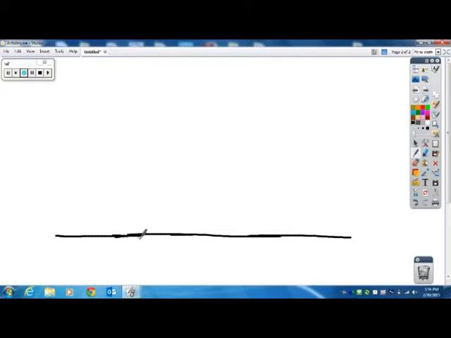So once again, we're going to keep things simple, and we're going to say you have a flat surface, and we're going to keep friction out of the picture right now. We're just going to keep it a frictionless surface, and you have an object sitting on the surface.